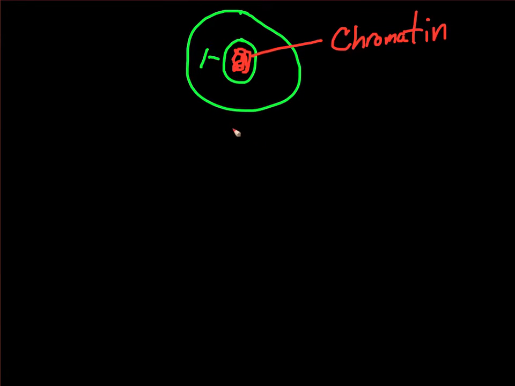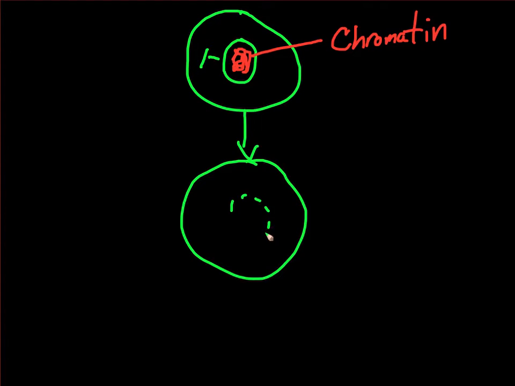When prophase begins, what's going to happen is this nuclear envelope is going to start to break down. The centrioles are going to start to migrate to opposite sides, and you're going to notice that the DNA is going to start to condense. Now, you cannot see chromatin with a light microscope. So the nucleus is going to start to break down.